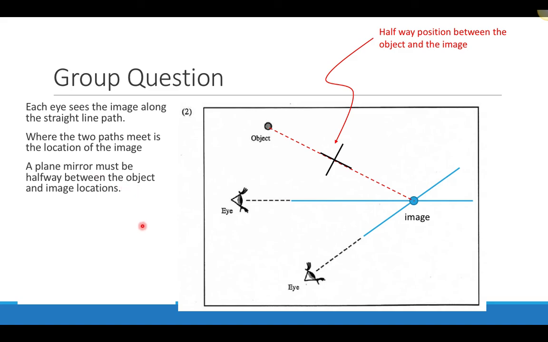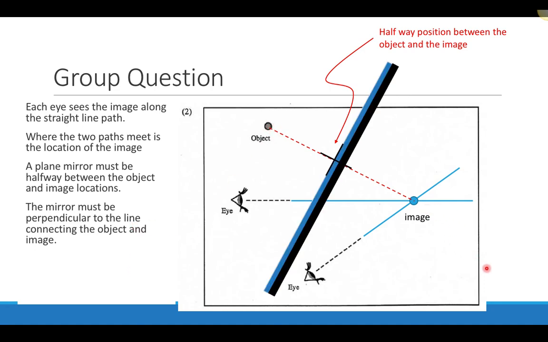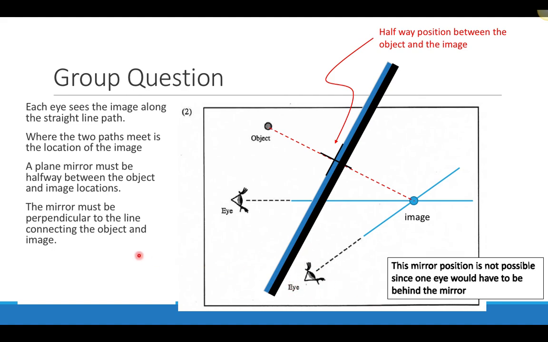So the mirror has to be located halfway between the object and the image, and it has to be perpendicular to the line that's connecting the object and the image. So there we go. Now the object is the same distance from the mirror as the image is from the mirror, and they are both perpendicular to that mirror location. The problem here, of course, is that the first eye at the top is located in front of the mirror and it all makes sense, but the other eye is actually located behind the mirror, and that doesn't make sense.